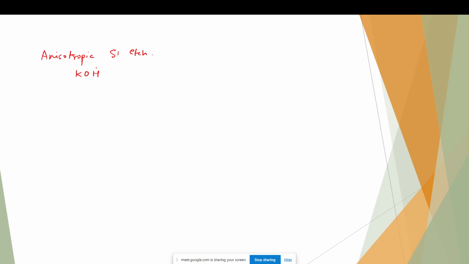KOH etching is an anisotropic etching, and this anisotropy arises primarily because it etches different surfaces of silicon differently. It etches the 100 surface differently from 110, and that is different from 111. The etch rate is different for all these three surfaces, and because of that the anisotropy arises. The etch rate anisotropy is somewhere around 400.